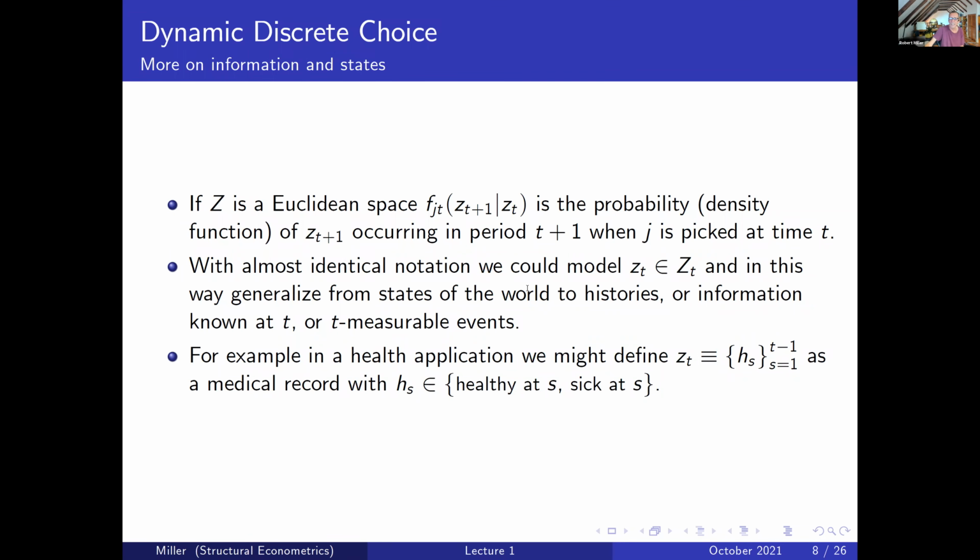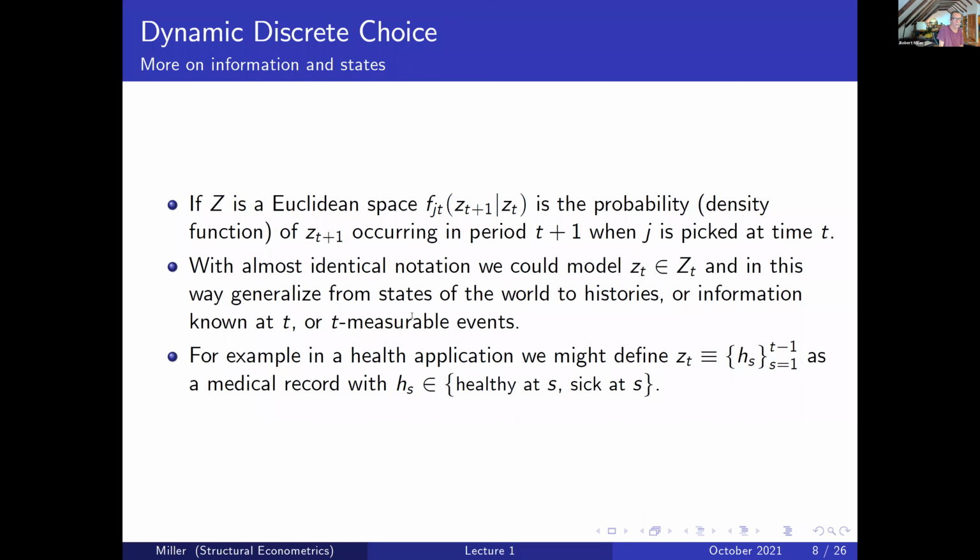And with almost this identical notation, we could generalize from the states of the world that occur right now to histories, or even to information known at a given time. Almost the same notation.